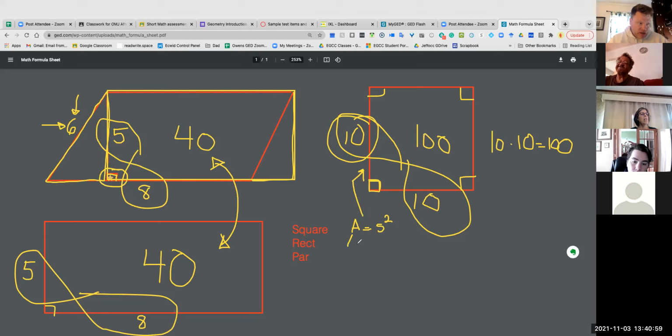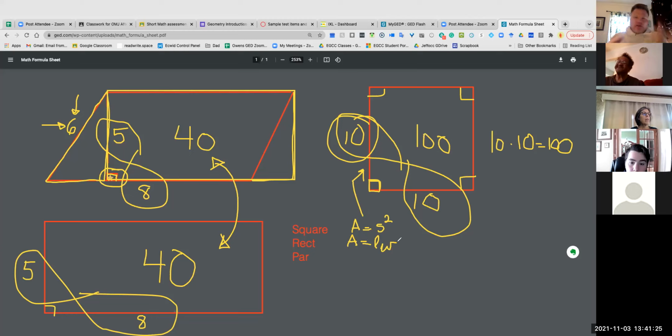Rectangle, it'll say length times width. Now, which is length and which is width? It doesn't matter. If you take the lid of a shoebox and hold it this way, and then turn it that way, it doesn't matter. One's length, one's width, but length has the connotation of being the longer side. It doesn't have to be.